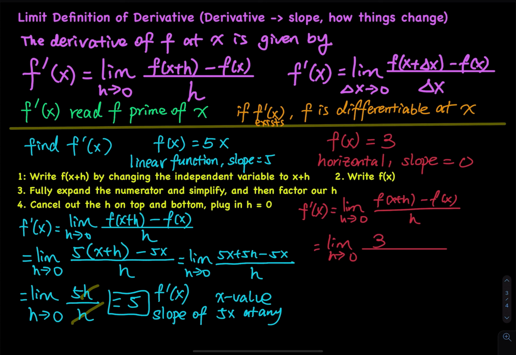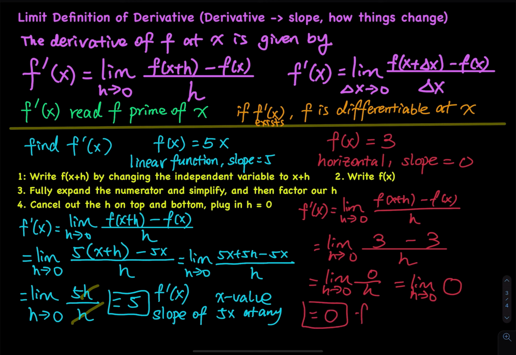That stays as a 3. And f of x is 3 as well. Then you divide by h. Once you have that, you have 0 divided by h. So you have the limit as h approaches 0 of 0 divided by h. The numerator is 0, so you don't have an h to plug in, and that is just equal to 0.